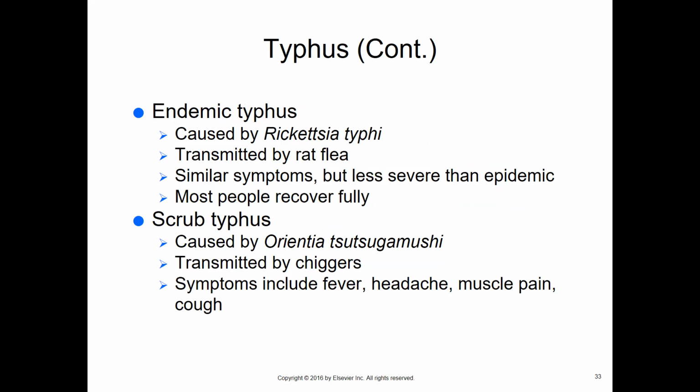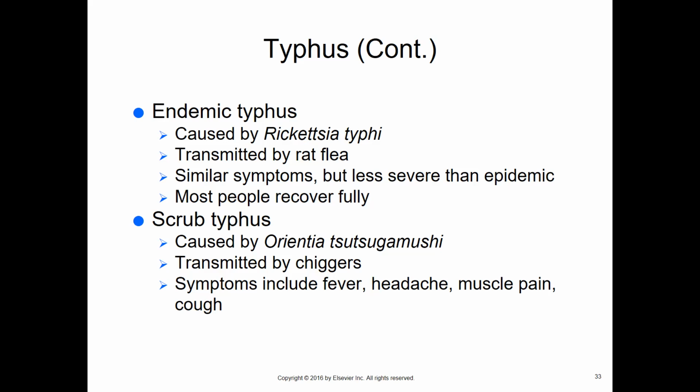This is caused by Orientia tsutsugamushi, a lot of big words here, and it's transmitted by chiggers found in areas of heavy vegetation, mostly in the Far East, and it's referred to as scrub vegetation. The symptoms include fever, headache, muscle pain, cough, and GI symptoms.